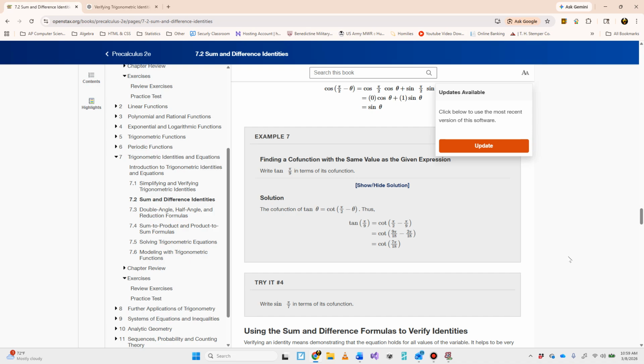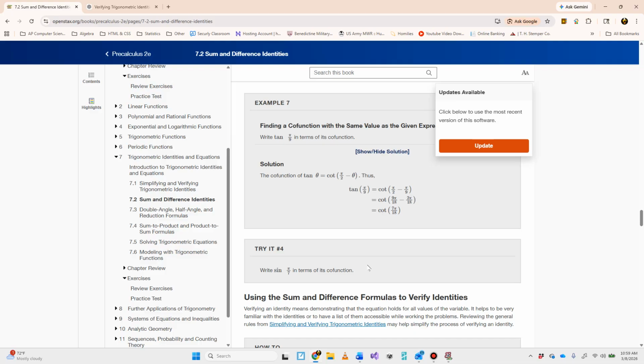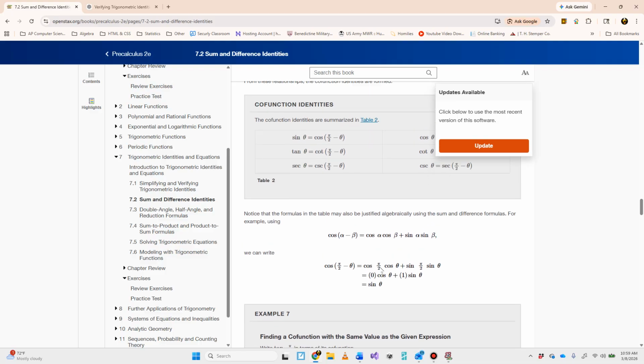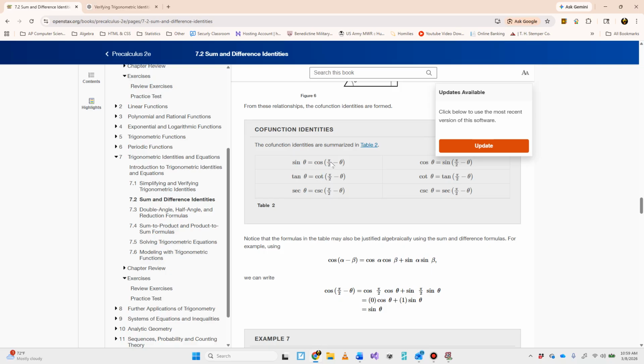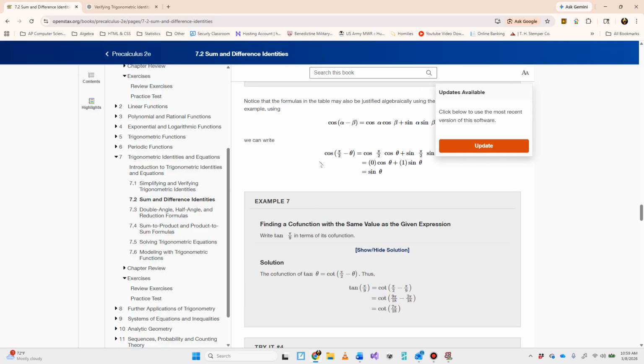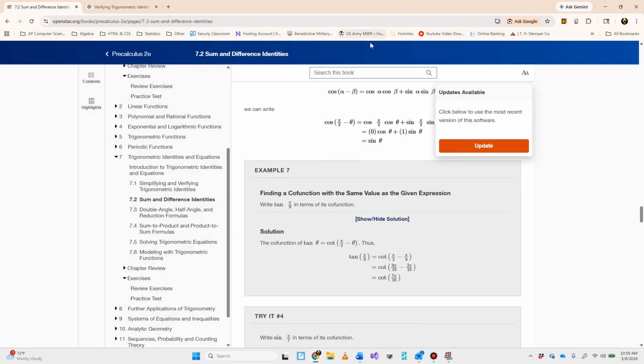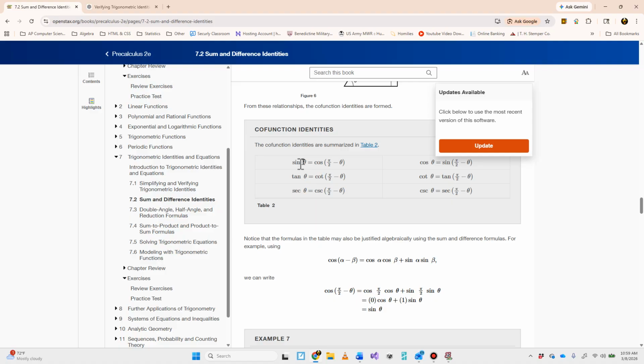That's another possibility. So the same thing with sine of pi over 7. Well, what is sine's cofunction? Its cofunction is the cosine of pi over 2 minus theta. So what would we write? Well, what is the theta? Pi over 7. So we would write sine of pi over 7 is equal to the cosine of pi over 2 minus pi over 7.